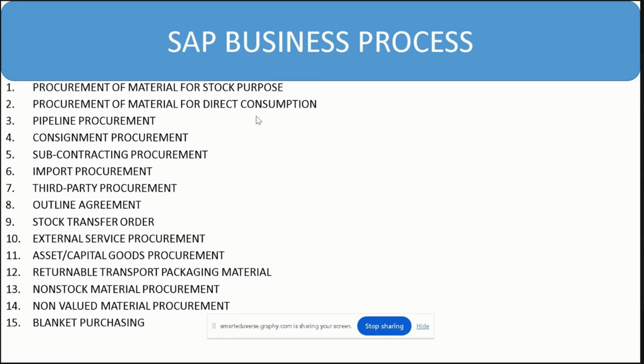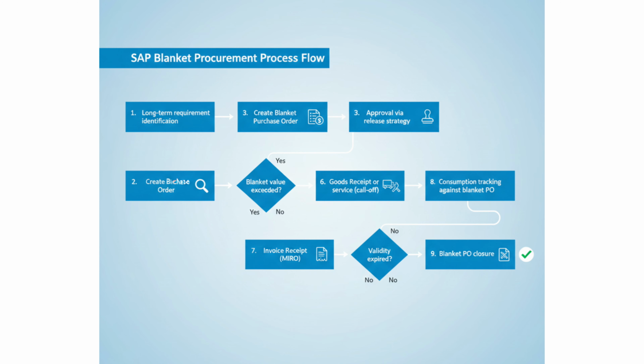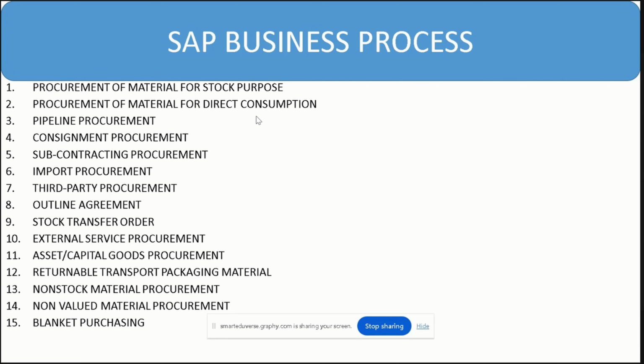Yeah, blanket purchasing is there. So what is blanket purchasing? Normally there will be these kinds of materials, let's say very low price materials, or materials you are not going to purchase very often. Let's say yearly you are purchasing that, mostly 5 to 10 times or something like that. Okay, and the price is very low, so those kinds of things we don't track.